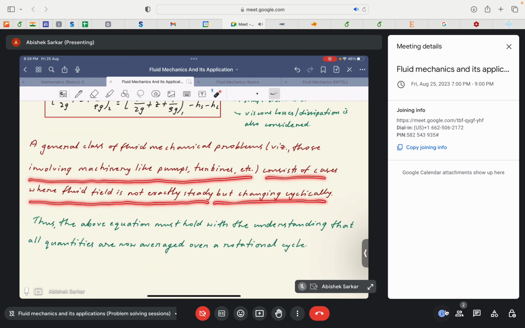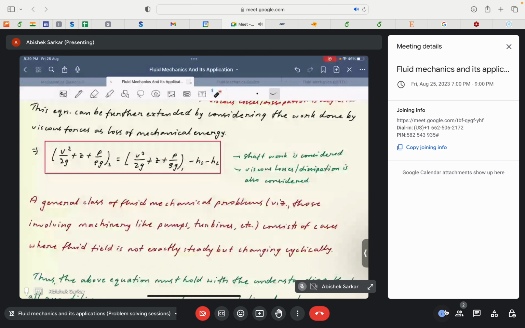Again, because the fluid is continuously pumped from a lower elevation to a higher elevation, or the fluid is continuously rotating a turbine, or the fluid falls from a higher elevation to a lower elevation and through that course of flow rotates a turbine.